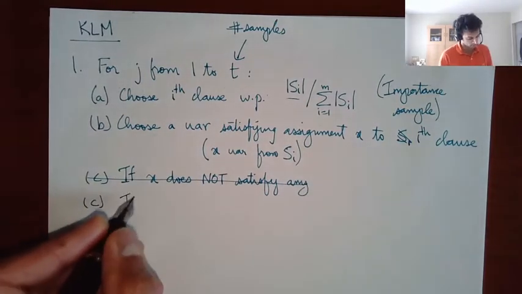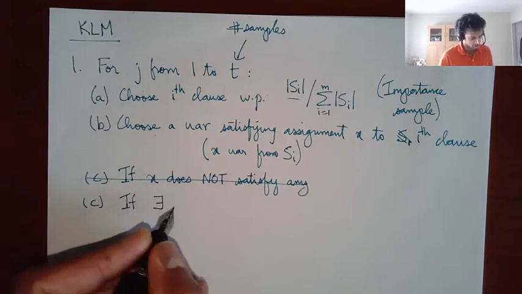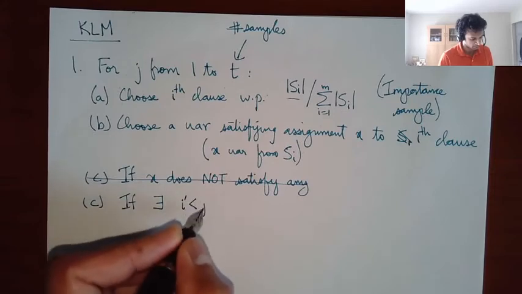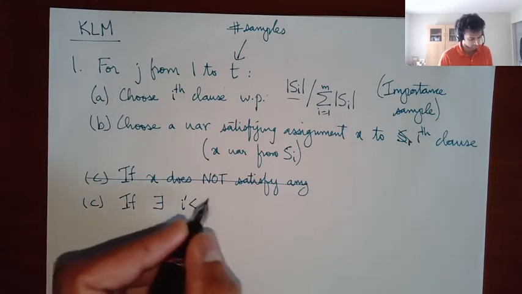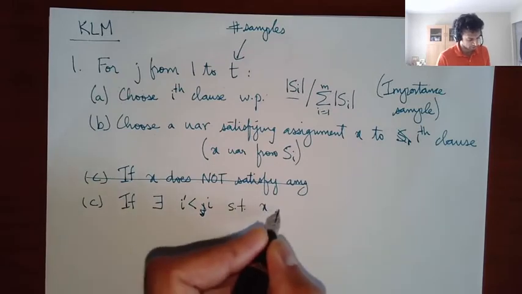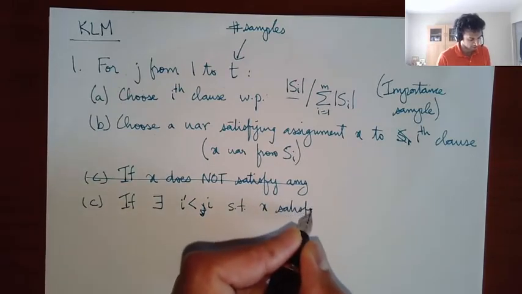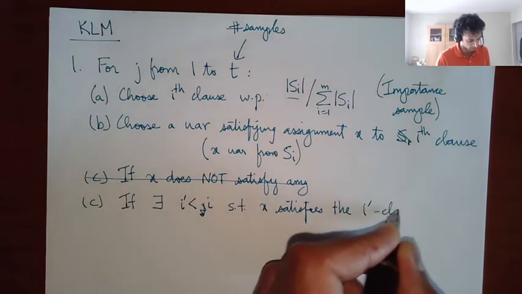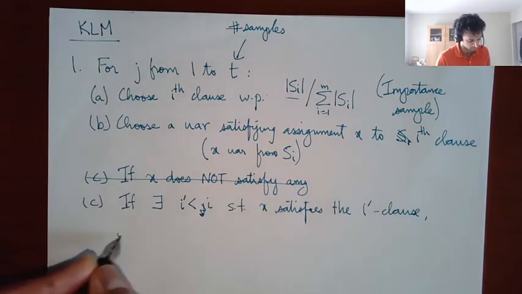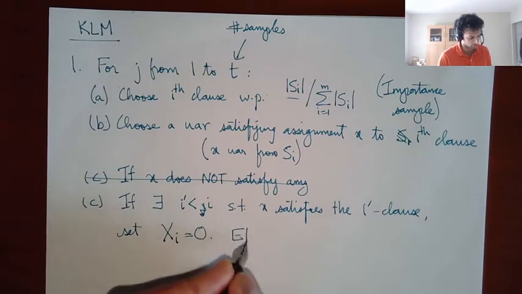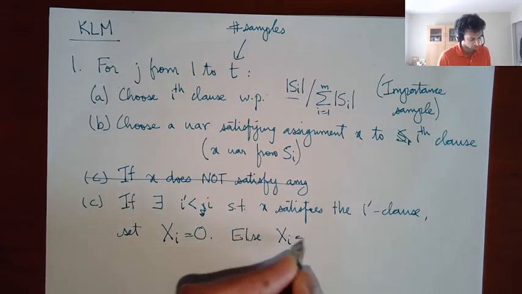I'll say if there exists some i prime less than i such that X satisfies the i prime clause, set my random variable xi to 0, else set xi to 1.